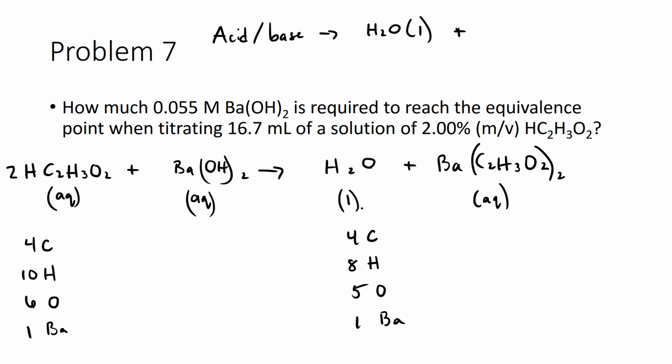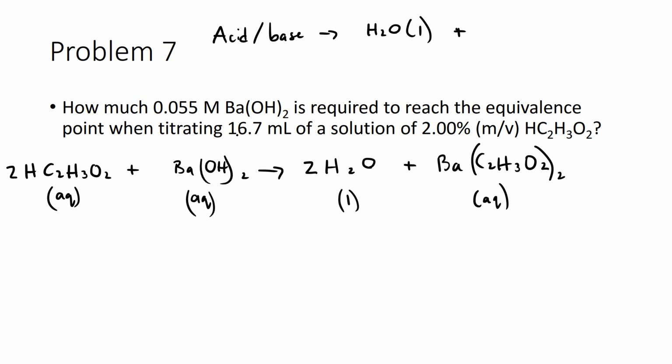So on the right side, to balance out the hydrogens, I'm going to put a 2 out here in front of the H2O. That's going to change the number of hydrogens we have to 10. We now have 6 oxygens and 1 barium. So this is the complete and balanced chemical equation. I'm going to go ahead and erase all this because we don't need them anymore.